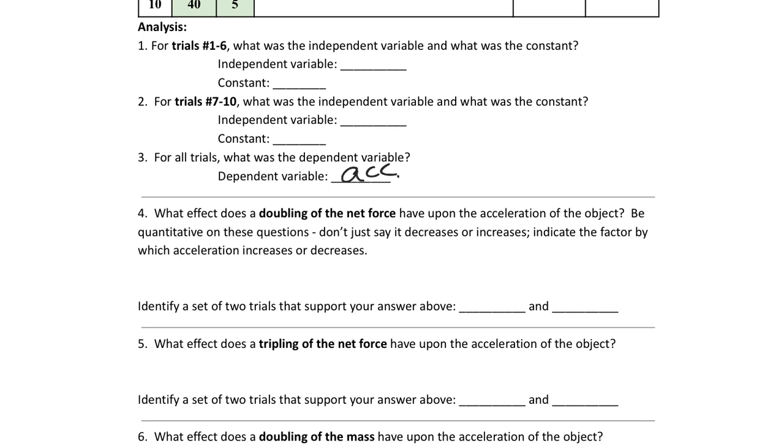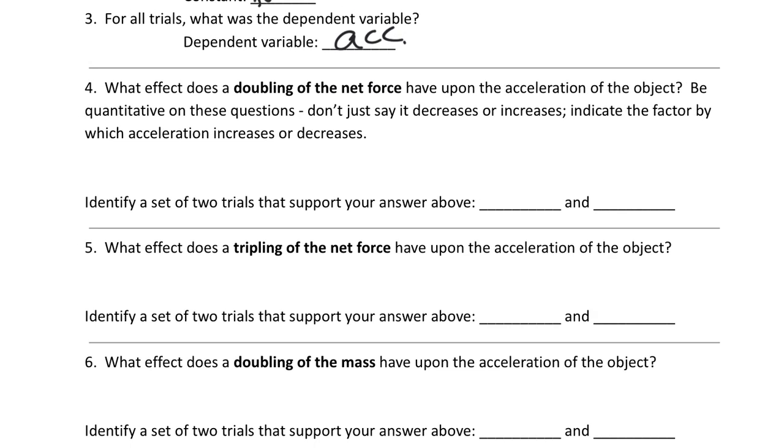For trials 1 through 6, we changed the net force and kept the mass constant, and then it was switched for the last couple trials. Okay, sound good? Everybody cool with that? Awesome.